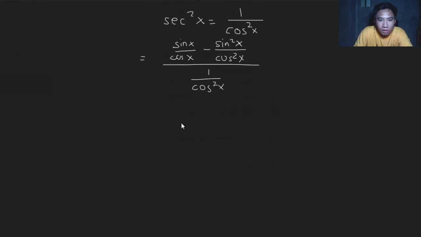Next natin gagawin is, itong nasa taas, LCD natin is cosine squared x. So, sine x cosine x minus sine squared x.